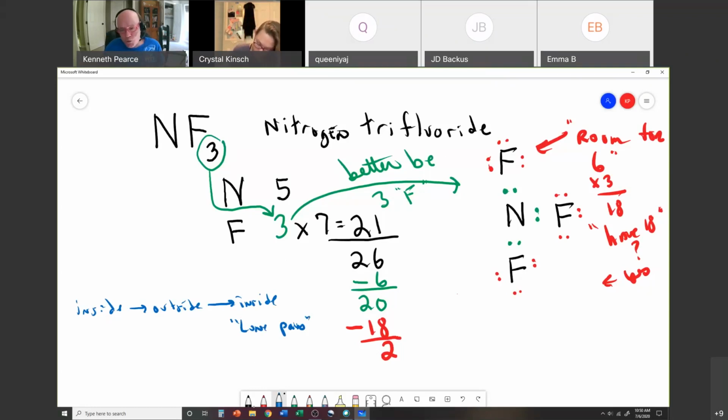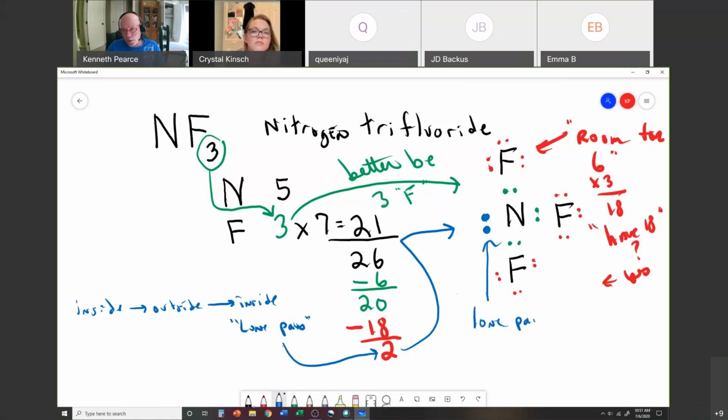So any extras you have go back in as lone pairs. And so they're going to go back in right over here, back to the inside. So we went inside, outside, back to the inside. So this is now a lone pair. That is called a lone pair. It's a pair of electrons and it's all by its lonesome. All right, that's called a lone pair.